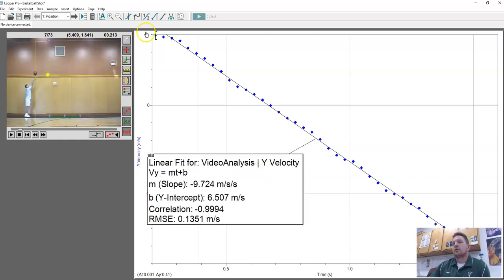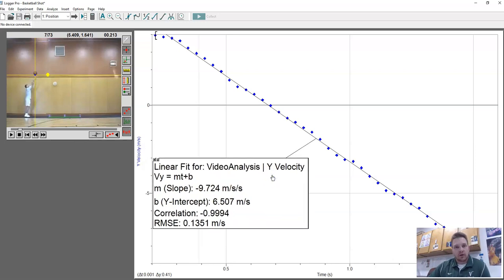Remember, if there's only the force of gravity pulling down on this ball the whole time, it should be falling with an acceleration from gravity of negative 9.8, which we usually round to negative 10. So this is a pretty good bunch of data. That's what our velocity graph looks like: it starts positive, and it is linear as it goes down to a negative velocity.